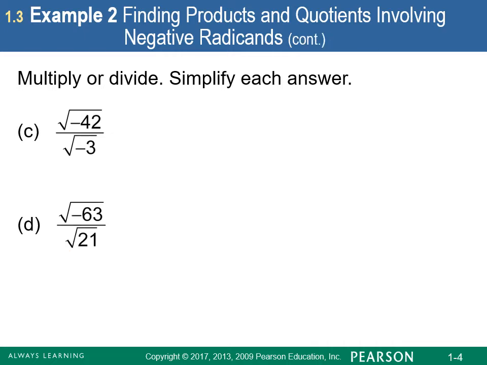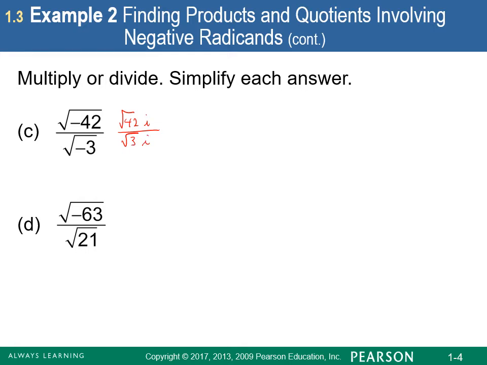Now the calculator does have some issues with dividing complex numbers. I'll let you try this out on your calculator if you so desire. But let me point out this square root of a negative 42 is the same as the square root of a positive 42 with an i. The square root of negative 3 is the same as square root of 3 with an i.